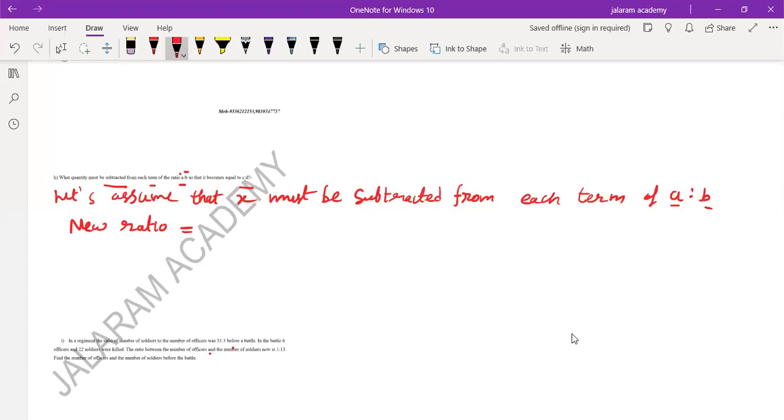So the new ratio becomes A minus X is to B minus X. And according to the question, it becomes equal to C is to D.